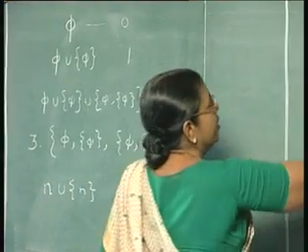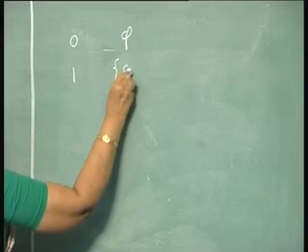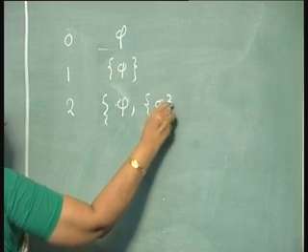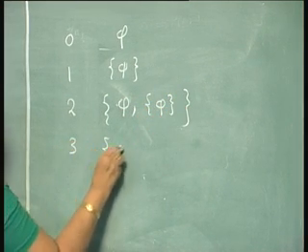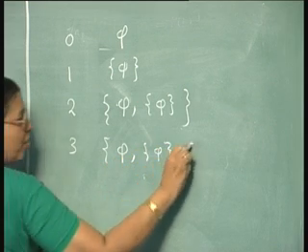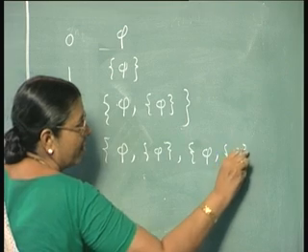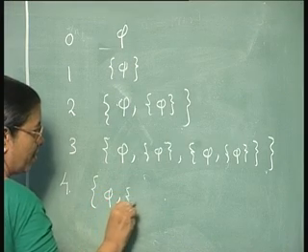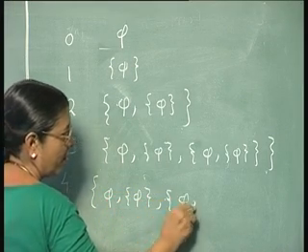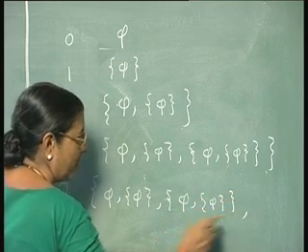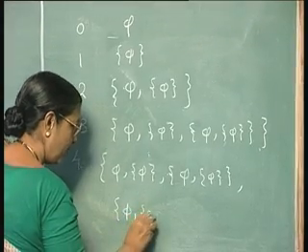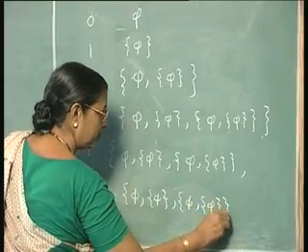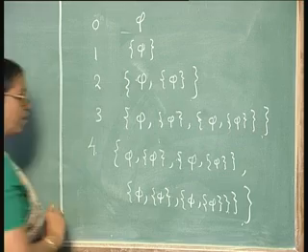So, if you want to write everything, 0 is empty, 1 is having only one element like this, 2 is having phi, comma phi, 3 is having phi, comma phi, comma phi, and 4 will have, and so on.